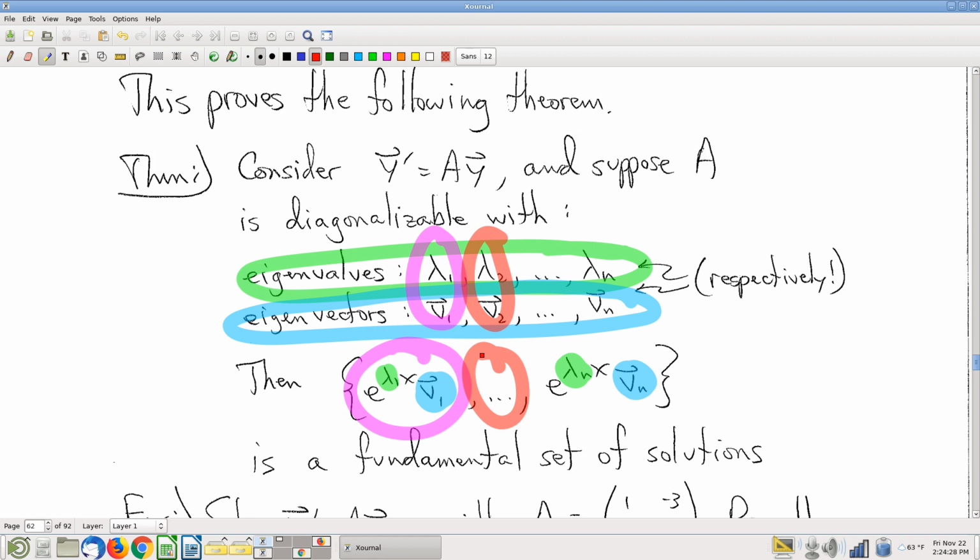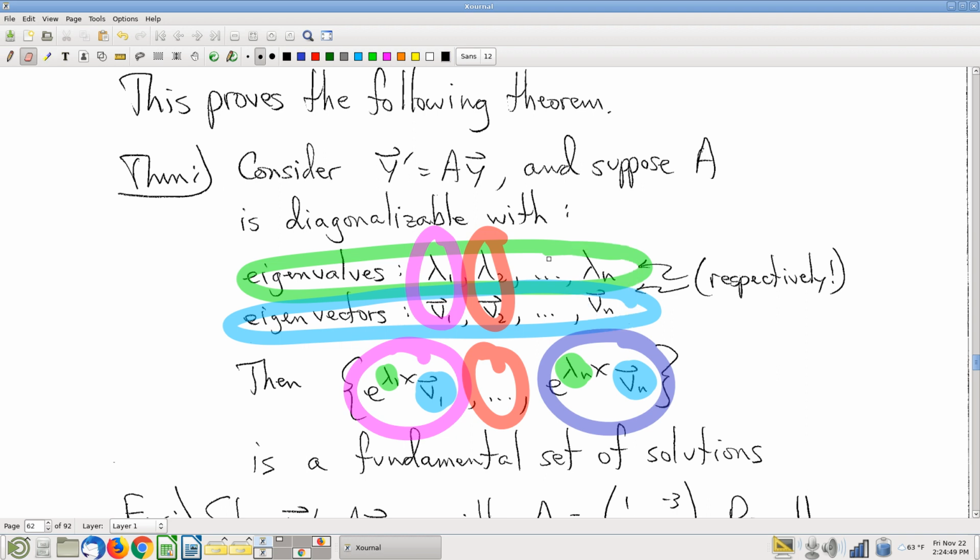Pair them up appropriately, but e to the power of lambda x times the eigenvectors v, those are your fundamental set of solutions. And it works for every diagonalizable matrix. And it makes for an awesome theorem.